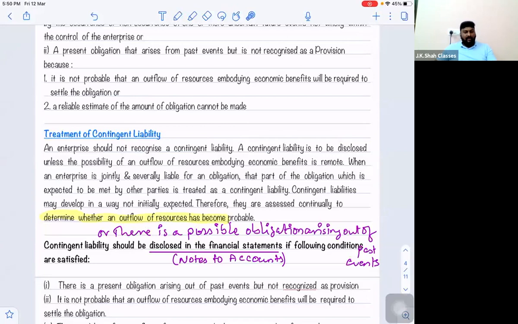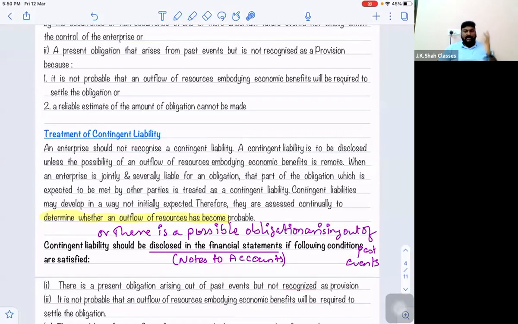So AS 29, what it says, that after every particular time interval, say quarterly or 6 monthly or annually, please keep on reviewing all your contingencies to know about the updates. Because, say for example, you had a court case going on, correct? And in the initial 1, 2, 3, 4 hearings, your lawyer is damn sure that you're going to win the case.